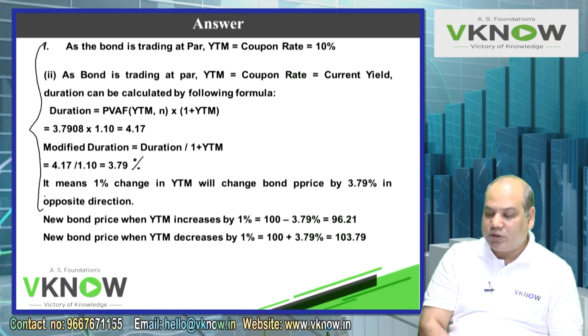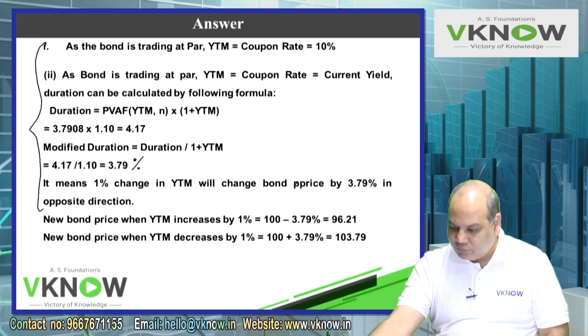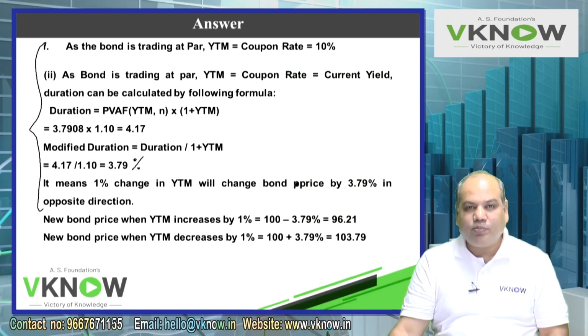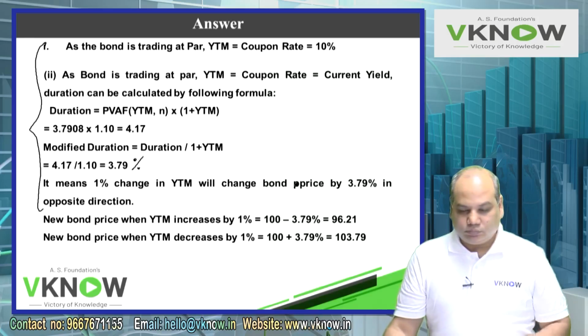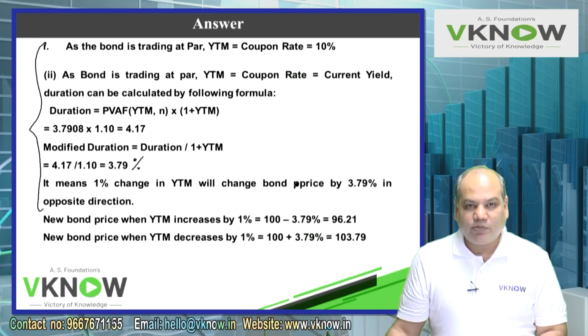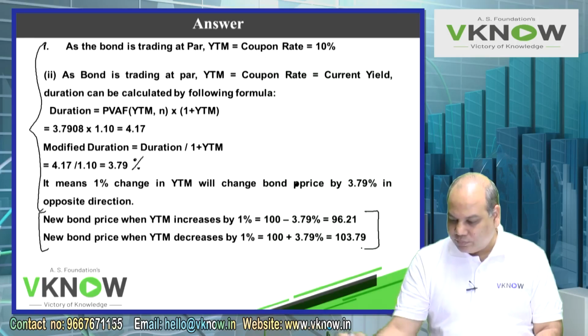It means a 1% change in YTM will change bond price by 3.79% in opposite direction. Even though they have not asked in the question, we can just write 2 lines, no harm.